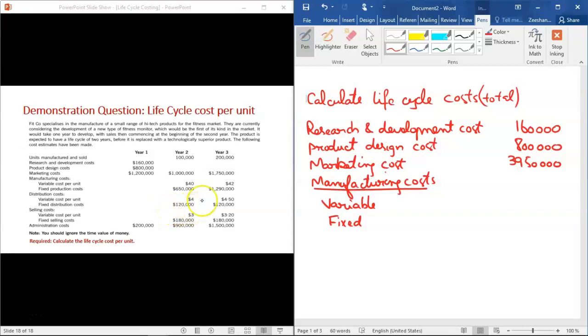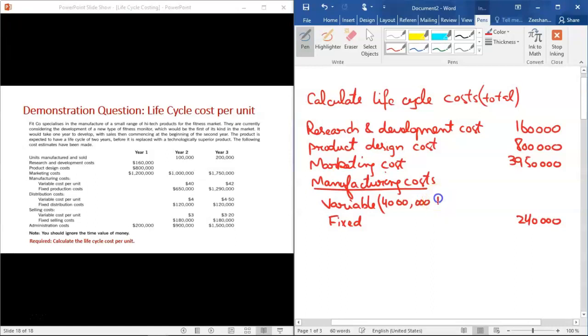Now fixed is 120, 120, so if we accumulate them that becomes 240, so that's simple. For variable, what we need to do is we need to multiply variable cost per unit 40 with the number of units 100,000, so that becomes 40 lakh. So this is for year 1.